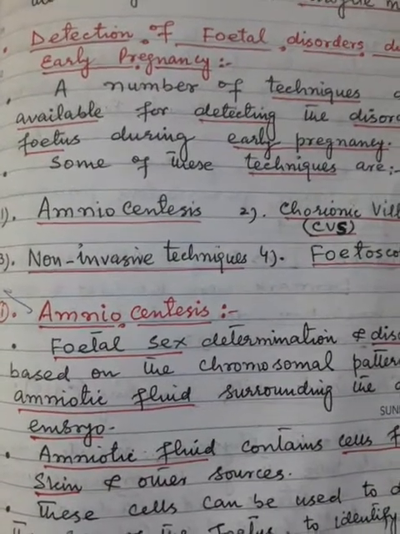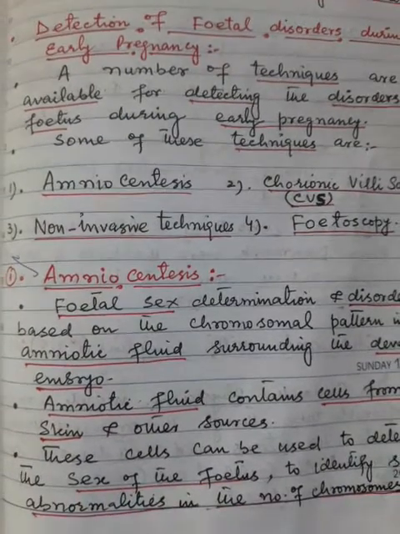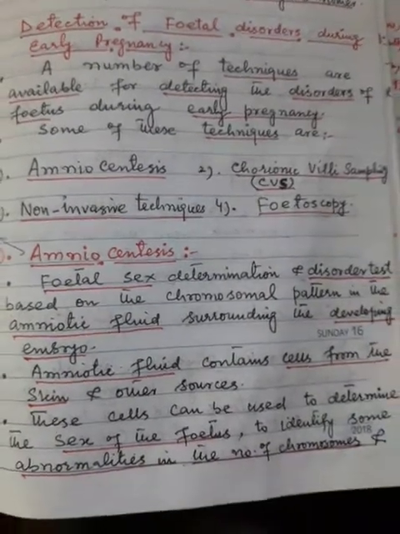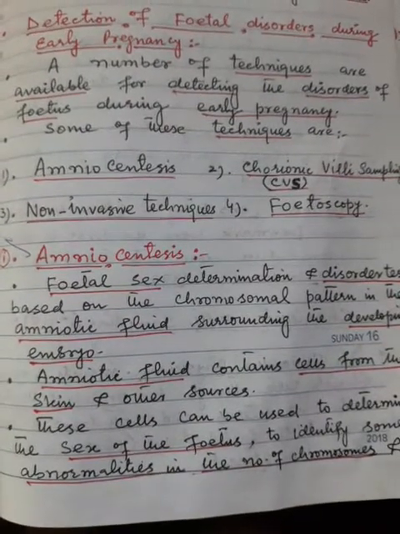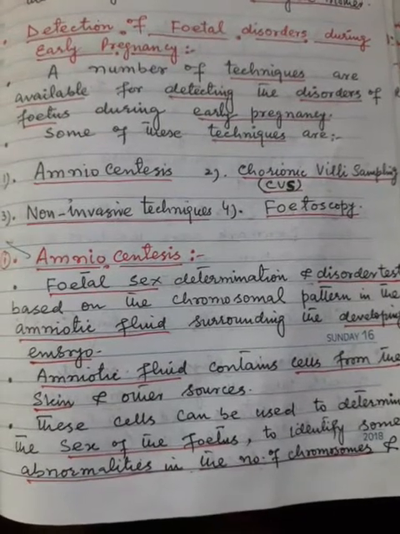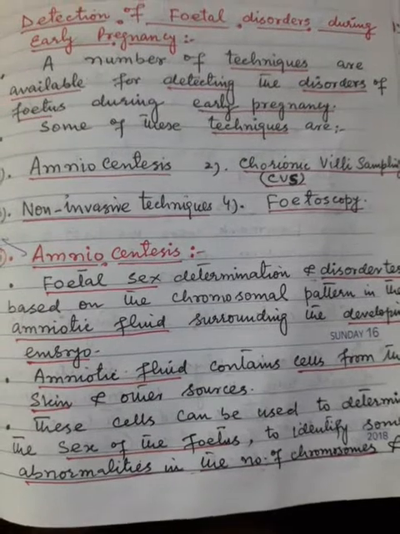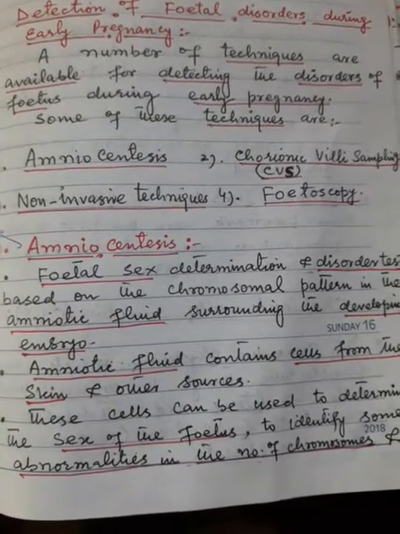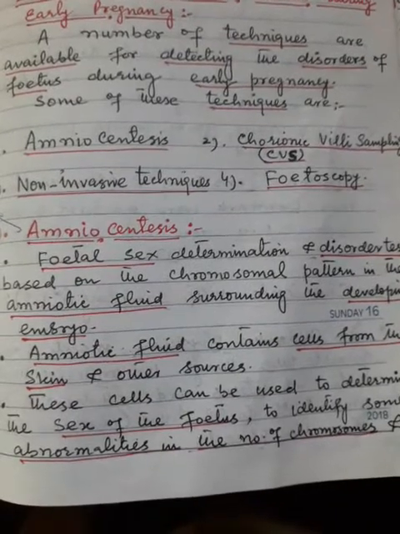Now first we'll talk about amniocentesis. What is amniocentesis? Amniocentesis is a fetal sex determination and disorder test based on the chromosomal pattern in the amniotic fluid surrounding the developing embryo. Amniotic fluid contains cells from the skin and other sources.